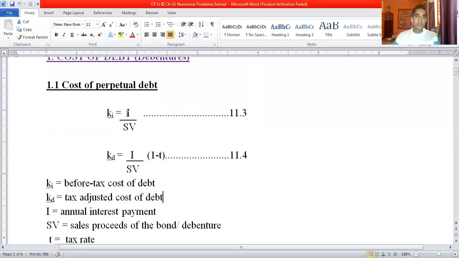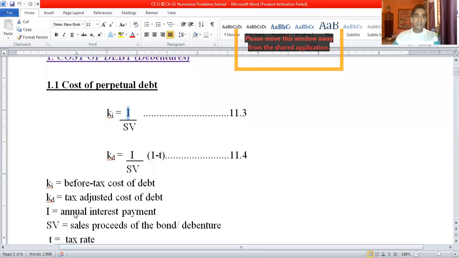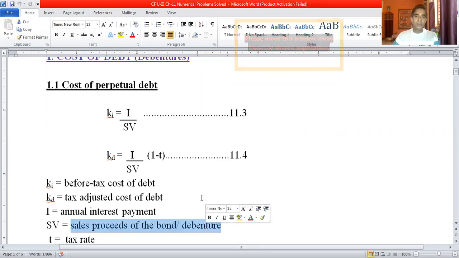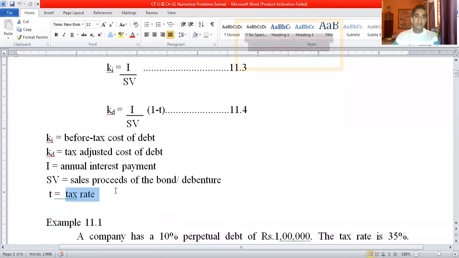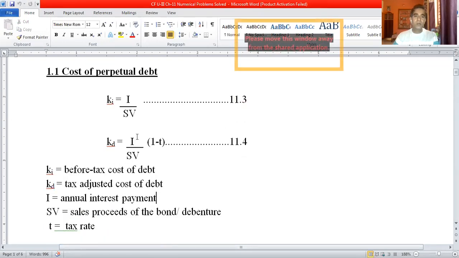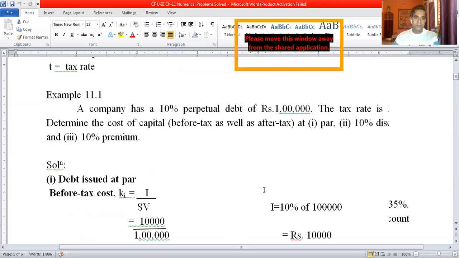I is the annual interest payment, SV is the sale proceeds of the bond or debenture, and T is the tax rate. We are going to consider a simple example where you will be asked to calculate the before tax cost as well as the after tax cost of a perpetual debt or irredeemable debt.